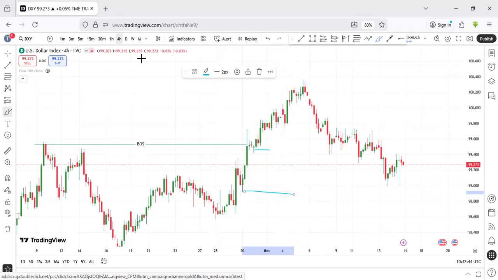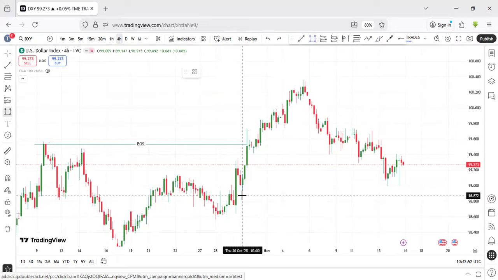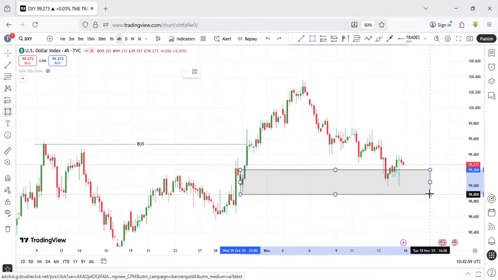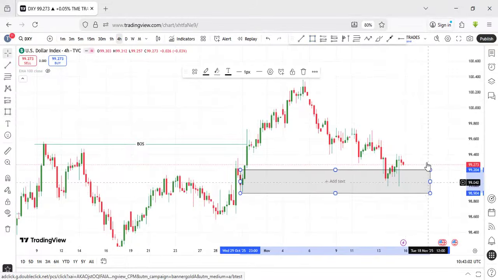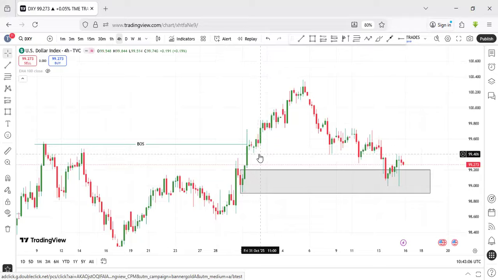So now currently the current situation of DXY is still telling us that there is possibility for that market to still come below. But what we currently have now is a very good order block the market is already reacting from, right? So far, the market had already taken out this liquidity.